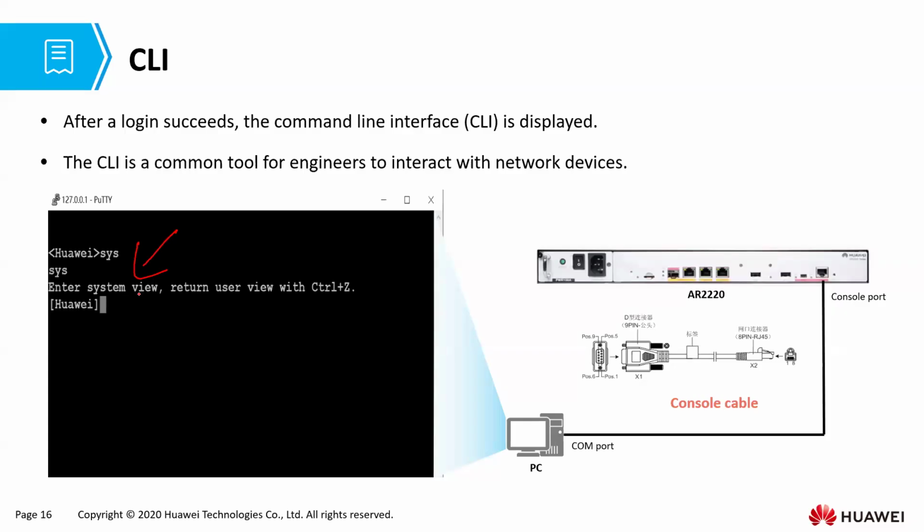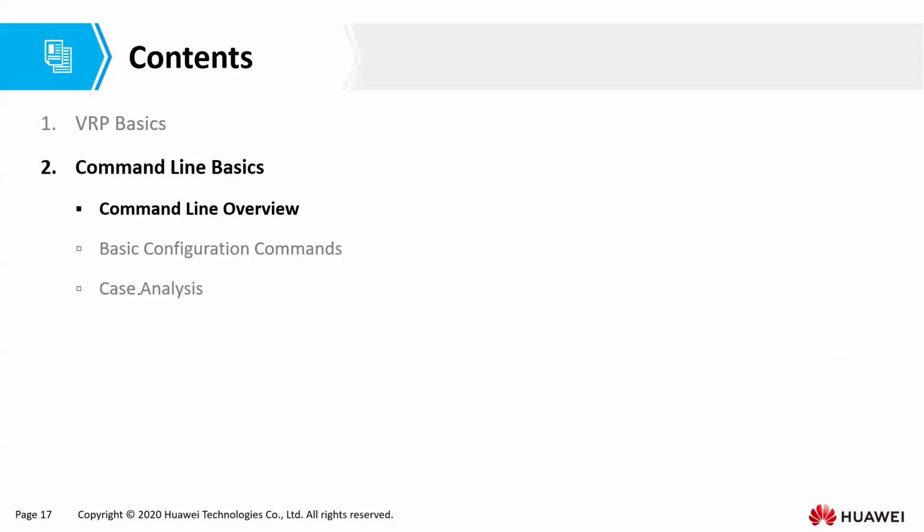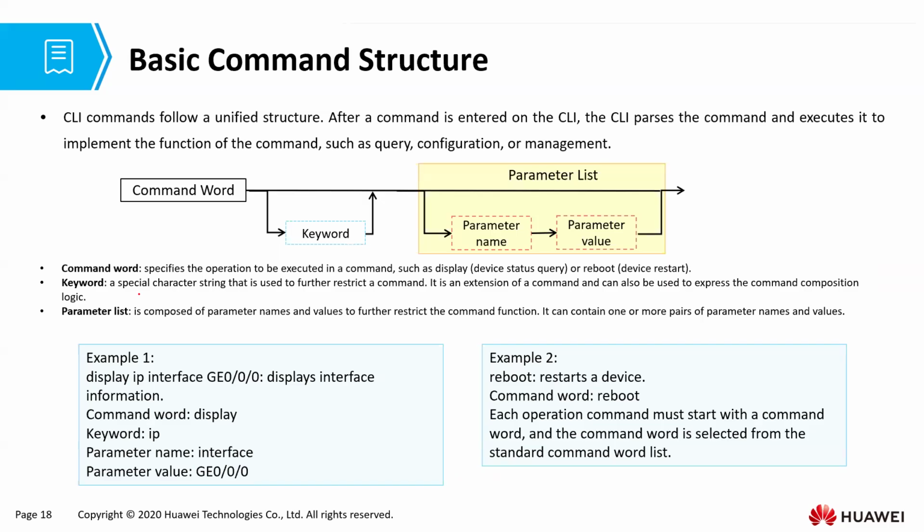The command line interface is a bit flexible. It allows the user to go deep into the system and make changes. The graphical user interface is very easy to use, but it's very limited as well. There are some things you cannot do with the graphical user interface. That's why we will focus on the command line interface as engineers.